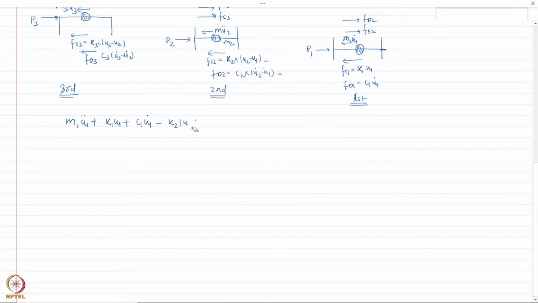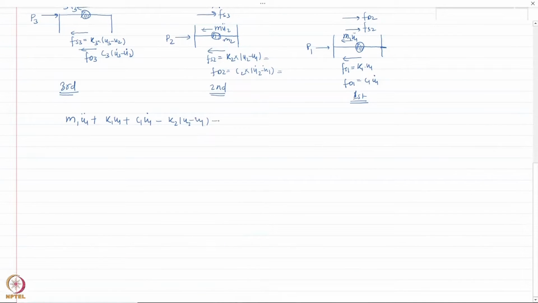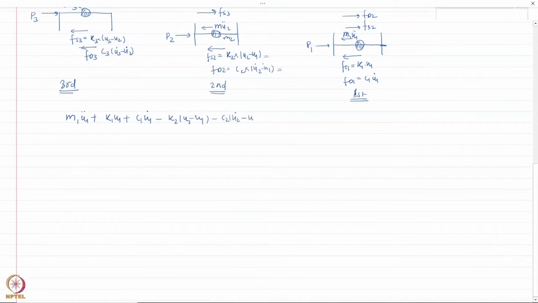This is k2 times u2 minus u1, and then minus c2 times u2 dot minus u1 dot, and this is equal to the applied force, which is p1.